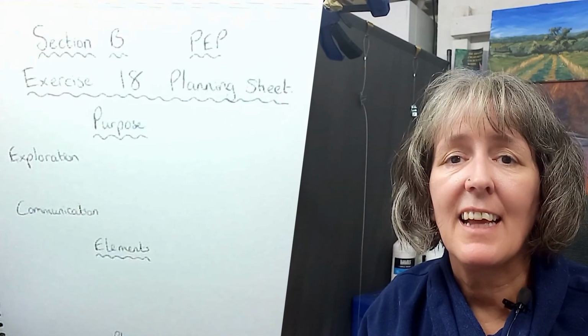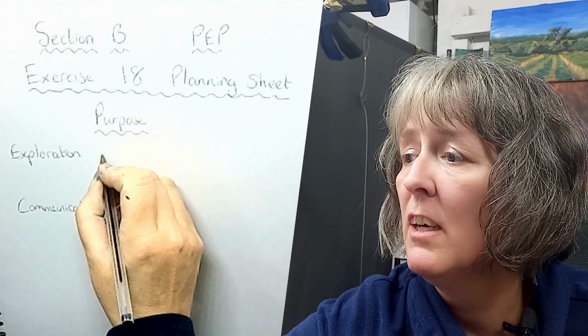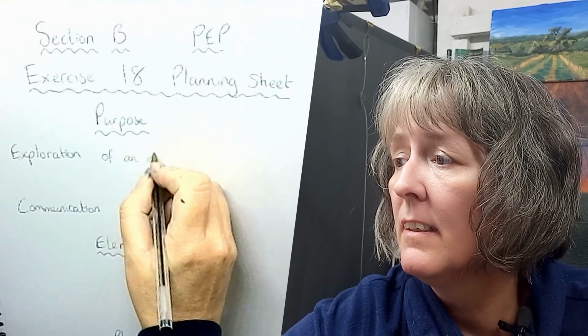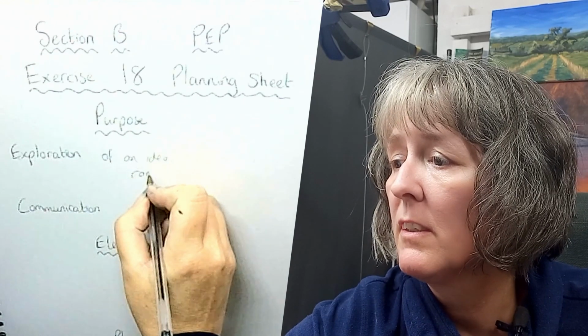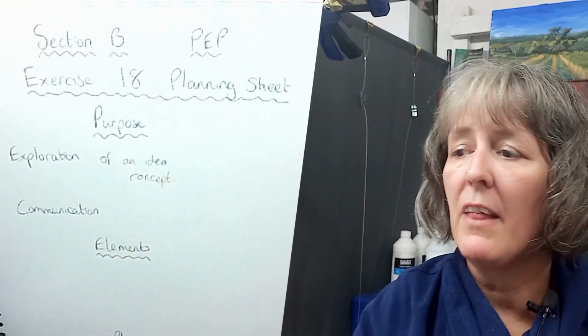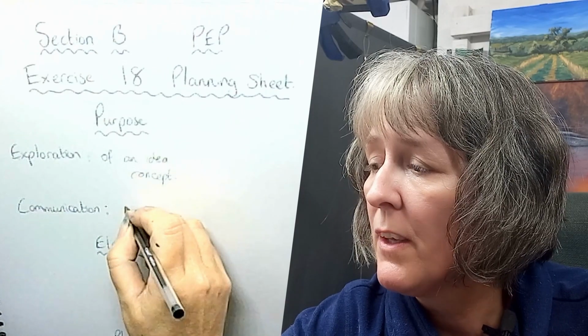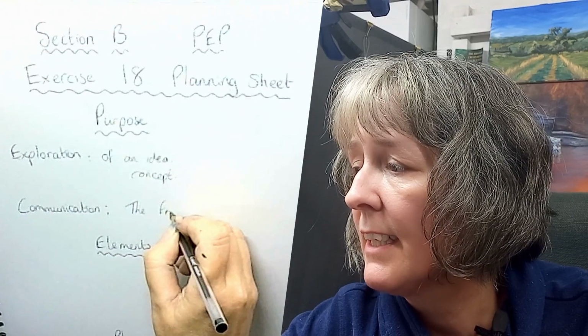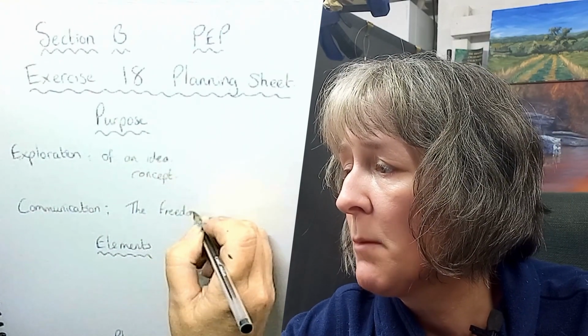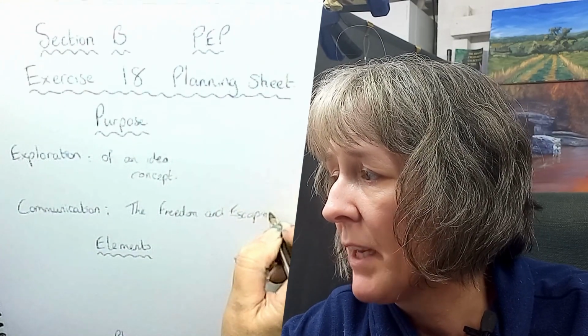Section B, exercise 18 planning sheet. The purpose of this one is the exploration of an idea, a concept. And that the communication with that is the freedom and escapism of sailing, and how that actually makes you feel.